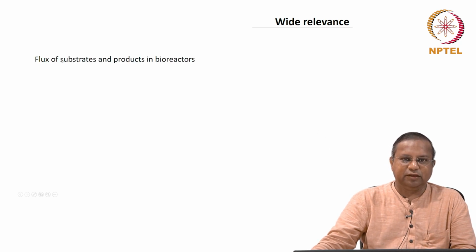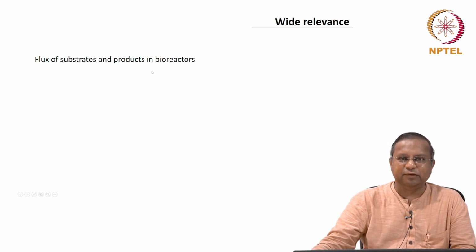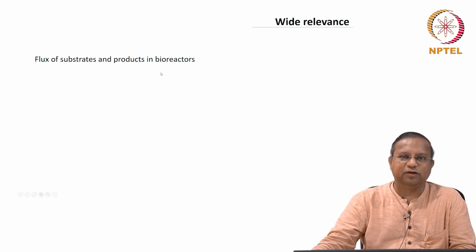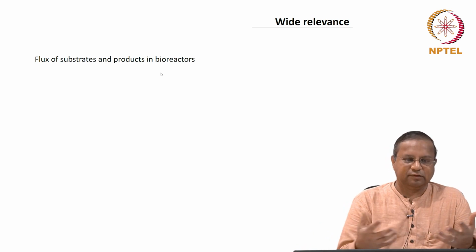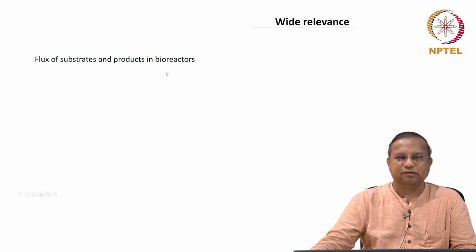It has wide relevance, of course. The flux of substrates and products in bioreactors, very important. I am just giving you some examples here. The application is wide. Anything that you can think of will have movement of substances, or any dynamic system will have movement of substances, and therefore, flux is important.